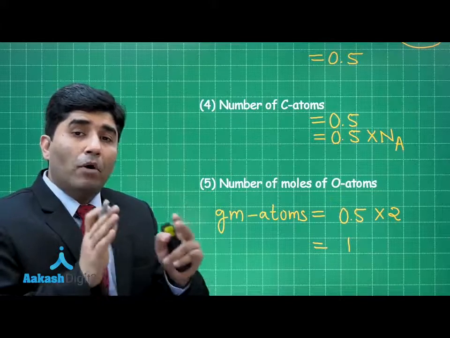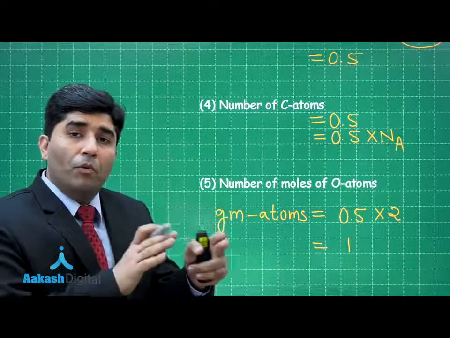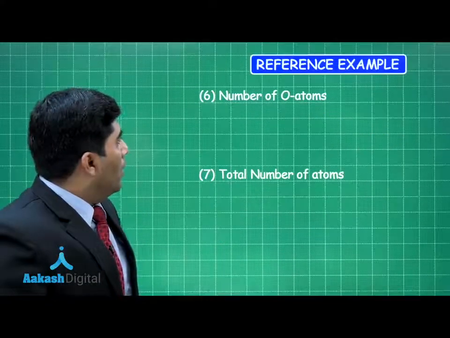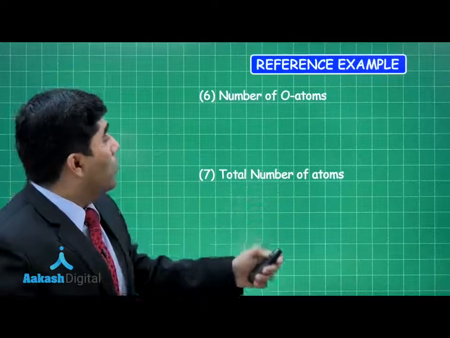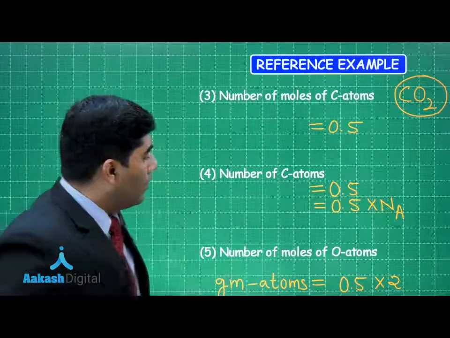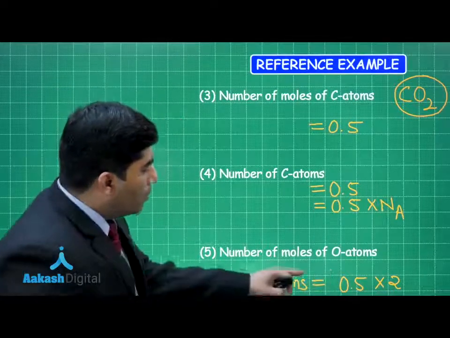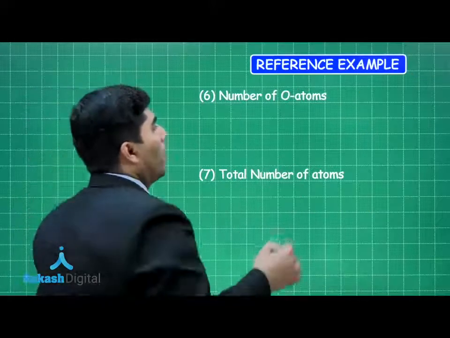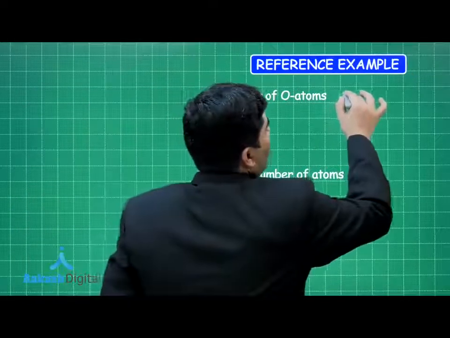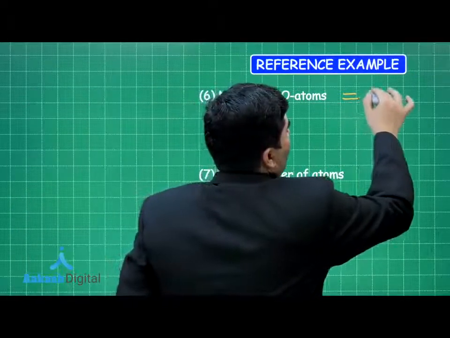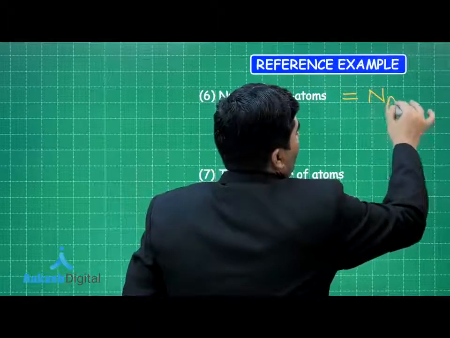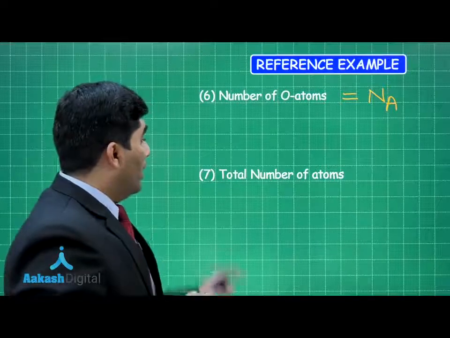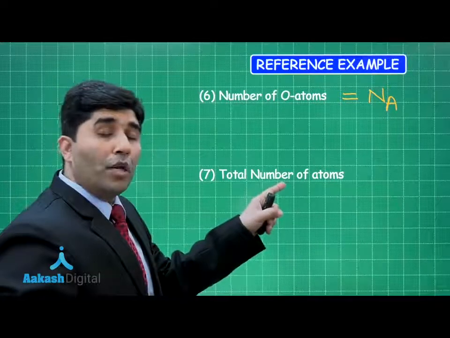If we are talking about an atom, the number of moles are equal to number of gram atoms. So, how many moles of oxygen we have? Number of moles of oxygen we have is equal to 1. Therefore, number of oxygen atoms we will have will be equal to Na, that is Avogadro number. Now he is asking total number of atoms.